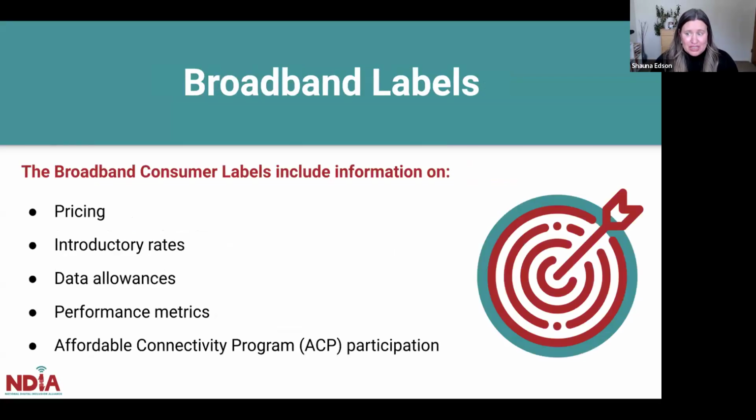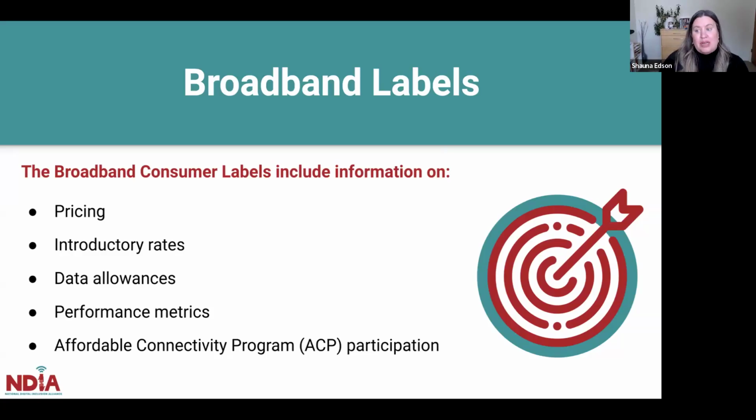And broadband labels. As of October 10th of this year, all internet service providers, or ISPs, must display their broadband labels at the point of purchase. So the broadband labels include information on pricing, introductory rates, data allowances, performance metrics, and this is still included here, the Affordable Connectivity Program participation.